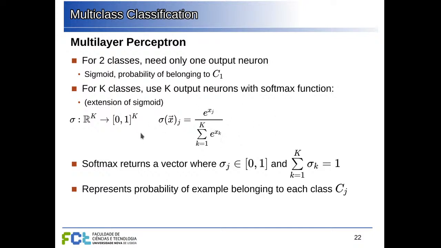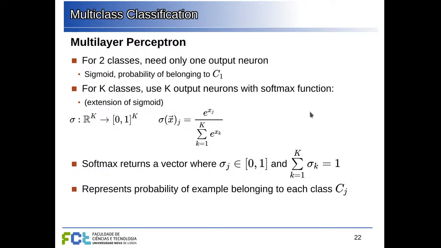And the advantage of this is that you will get a vector at the end which has these properties. Each value in that vector is a number between 0 and 1, and the sum of the values in the vector is 1. So we can interpret this vector as giving us all the probabilities of belonging to the first class, the second one, the third, and so on.